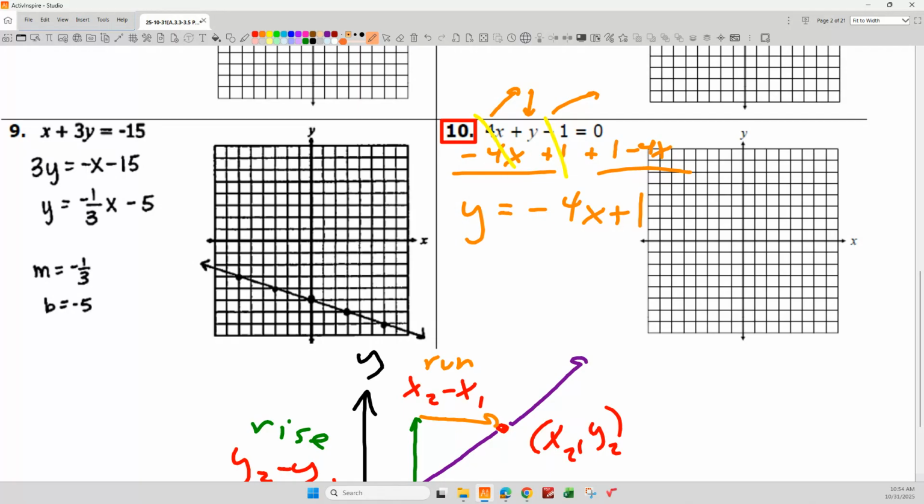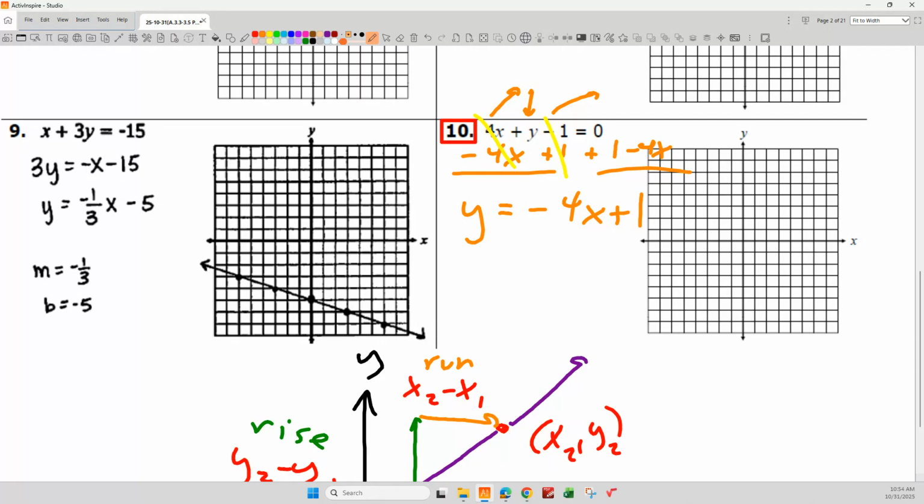How am I going to do that for this equation? One point is given to me automatically. What is it? This is in slope-intercept form, right? People are saying 1. I agree. What does that mean? How does that give me a point? What's the y-intercept of that line, everybody? 1, right?